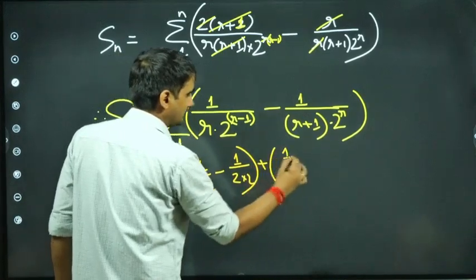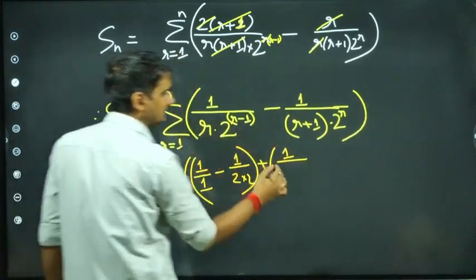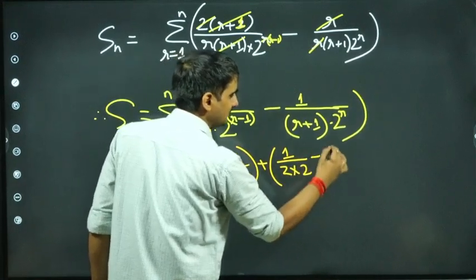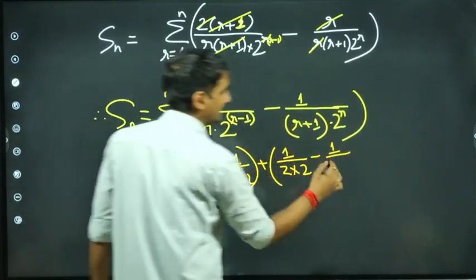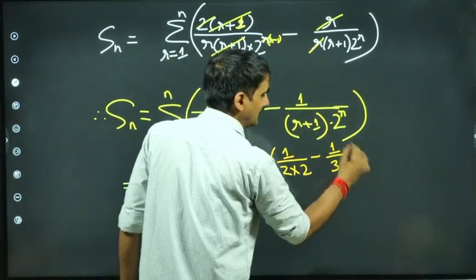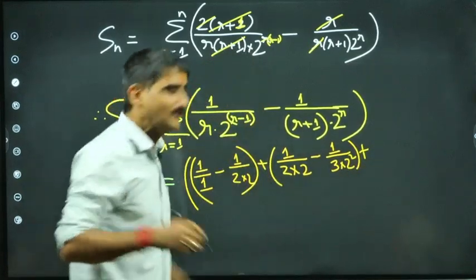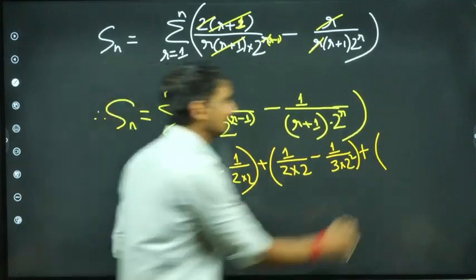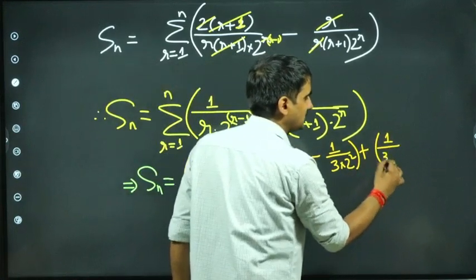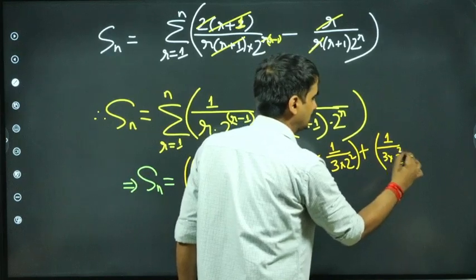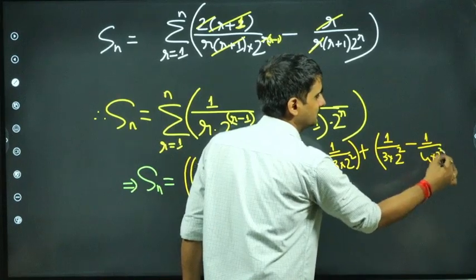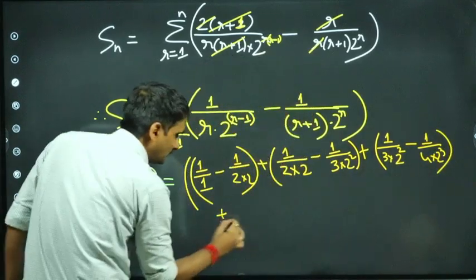Similarly, when you put r as 2 here, so it's 2 into 2 raised power 1, which is 2, minus you will get 1 upon 2 here, 3 into 2 square. Similarly, I need to write one more to confirm the pattern. So when I put r is equal to 3, you get 1 by 3 into 2 raised to the power 2 minus 1 by 4 into 2 raised to the power 3, and so on and so on.